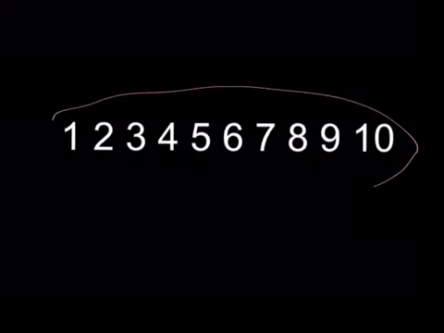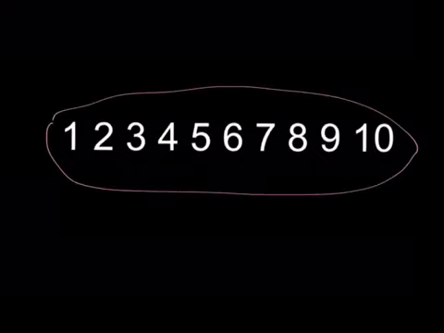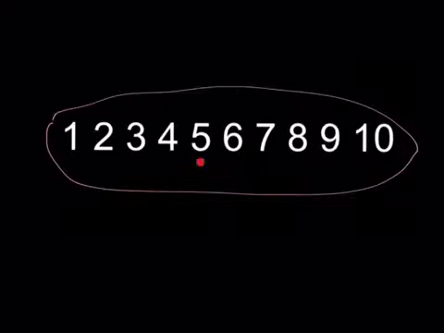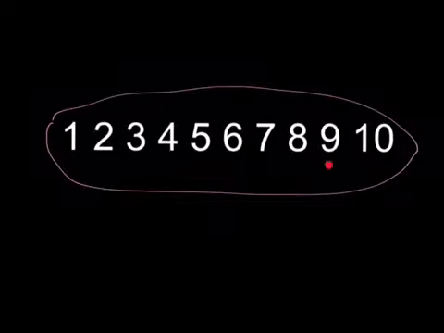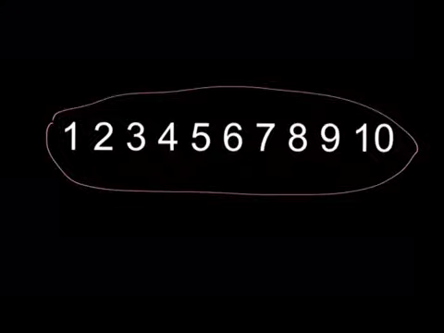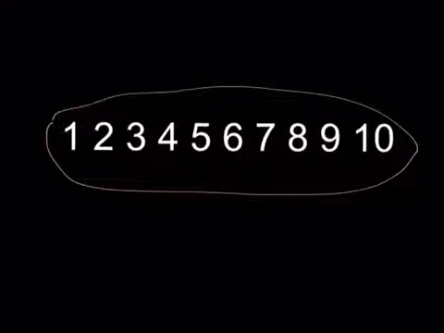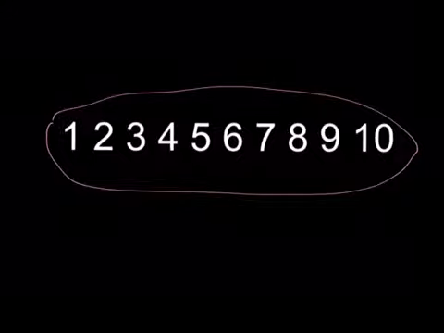Let's look at this group of numbers now. 1, 2, 3, 4, 5, 6, 7, 8, 9, 10. That just sounds like I'm counting. But is there a pattern? Is it getting bigger by something or smaller by something? You're right, it's getting bigger by 1 each time.